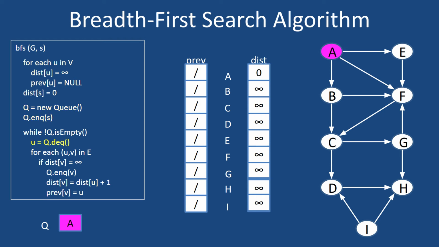So let's watch this in action. We've got this loop here that says while the queue is not empty, we always take the first element off the queue. So we take it off, so it'll disappear from the queue, and we're going to color it yellow just so we remember that it's been on the queue and now it's come off. This is just reflecting the animation, not anything else. And now what you do is you look at all the white vertices that you can reach from A. Now how can you tell?